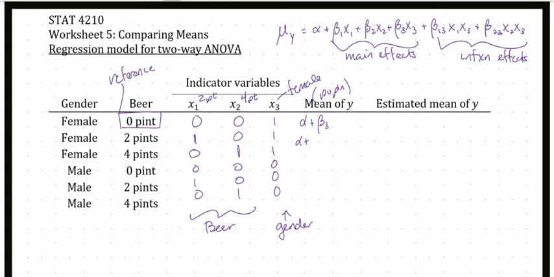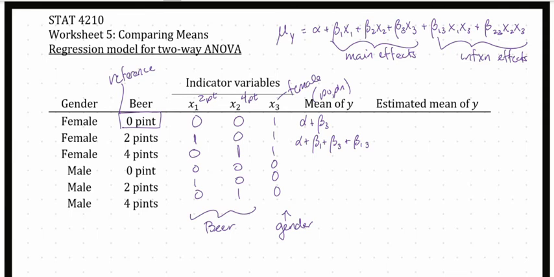So alpha plus beta 1, because x1 is equal to 1, plus beta 2 times x2, which is 0, plus beta 3, because x3 is equal to 1, plus beta 1,3, because x1 and x3 are both equal to 1 now. So I've got alpha plus beta 1 plus beta 3 plus beta 1,3. So the population mean of y for females who have had 2 pints is alpha plus beta 1 plus beta 3 plus beta 1,3. Remember, alpha and my betas are all constants.